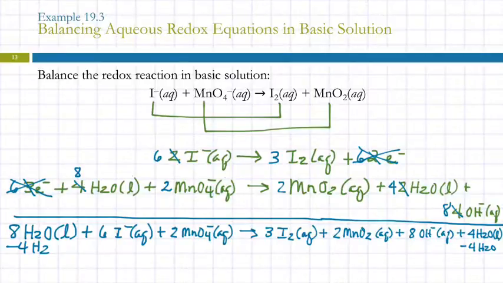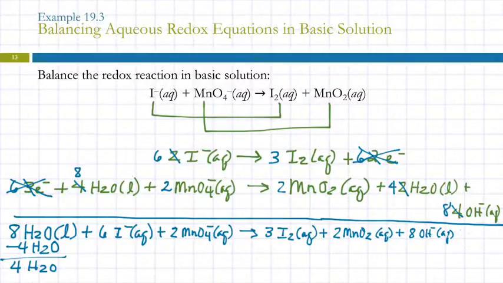So 8 water molecules minus 4 water molecules is just 4 water molecules, right? And over here, 4 minus 4 is 0. So I'm going to get rid of those guys.